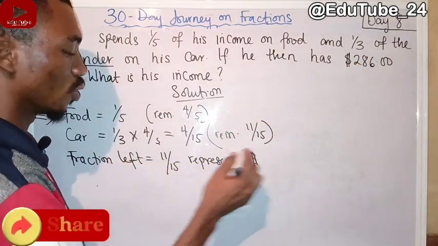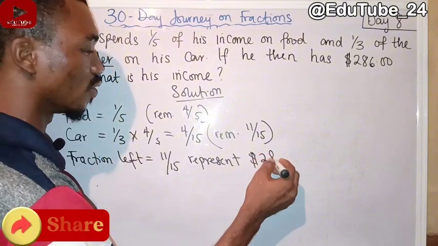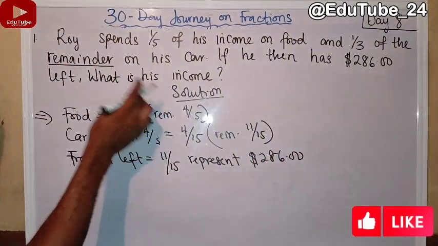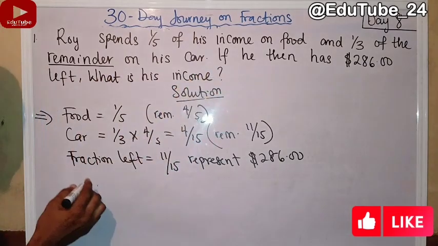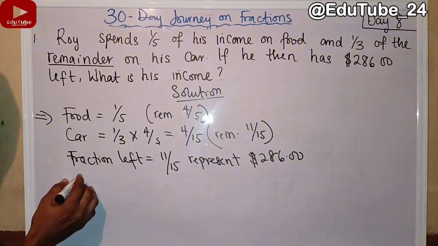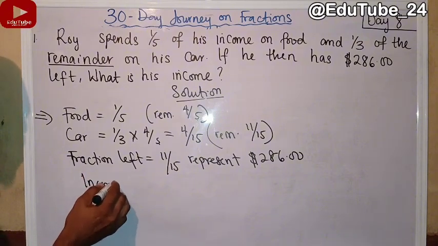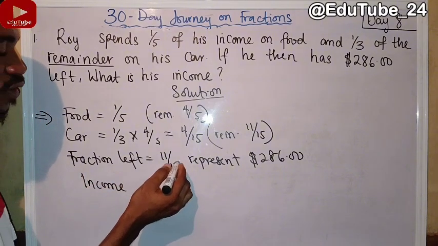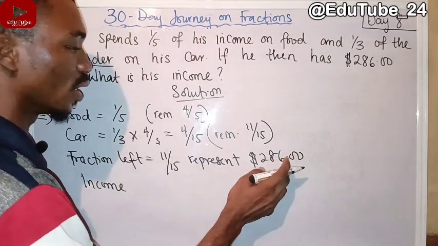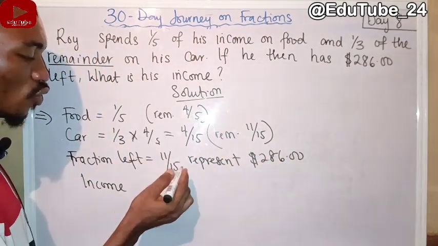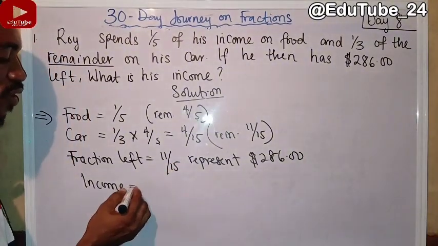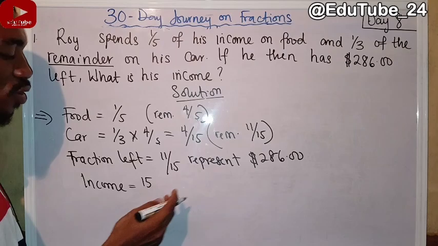Now we need to find his income, meaning his actual fund. His income will then be this 15. Don't forget 11 out of 15 of his income is $286, which is what is left. Look at the words out of 15. So that means his income is 15.